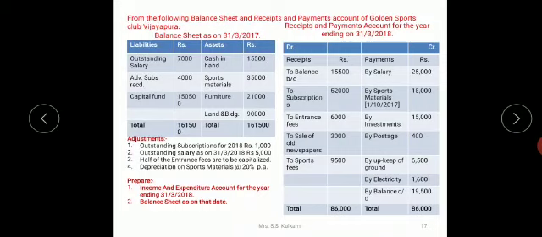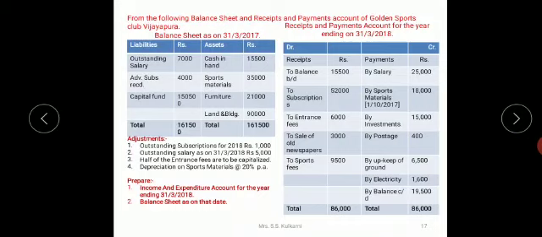This is just a format. In the next class, we will deal with how to prepare the income and expense account. We'll just explain the problem, and then in the next class the same problem will be taken by me. So just refer to the problem and try to understand how it is.